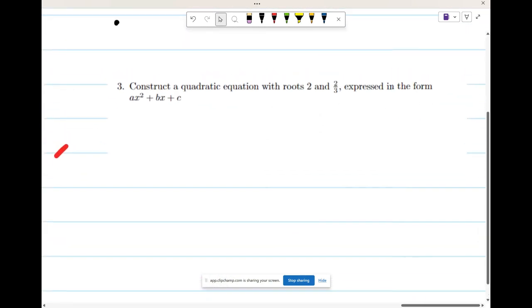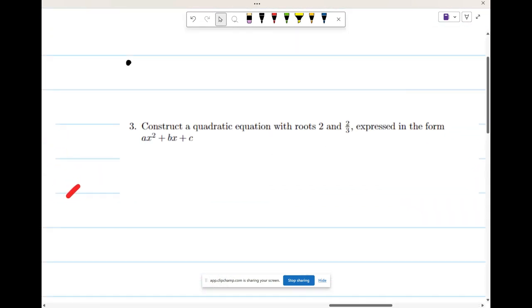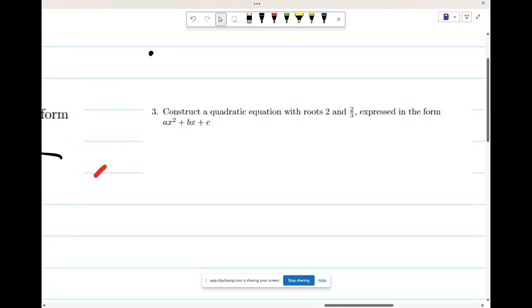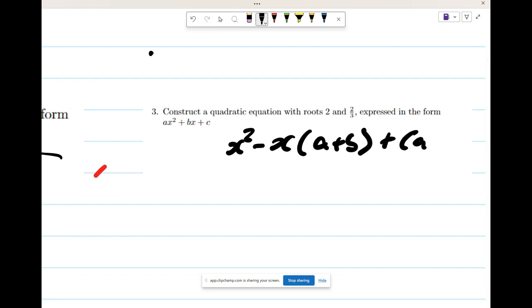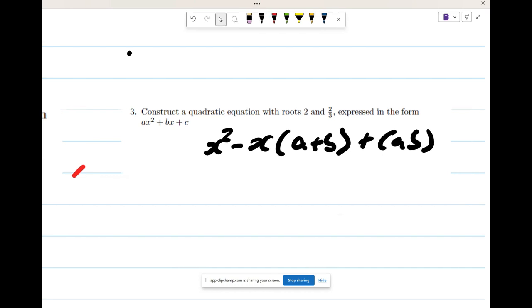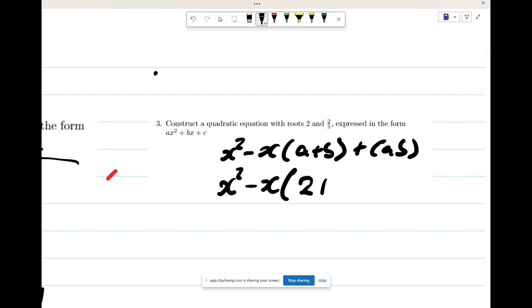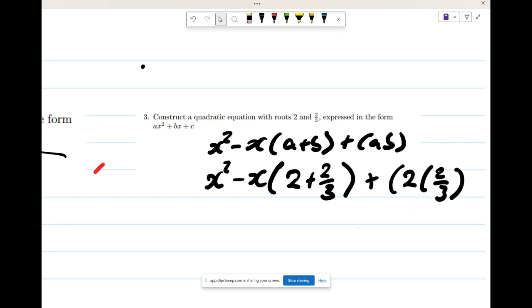Next question is similar. So construct a quadratic equation with roots 2 and 2/3 expressed in the form ax squared plus bx plus c. Well, we can just jump straight away to our new equation, x squared minus x times (a plus b), and then plus a times b, where a and b are our roots. So let's just do x squared minus x times (2 plus 2/3) plus 2 times 2/3.